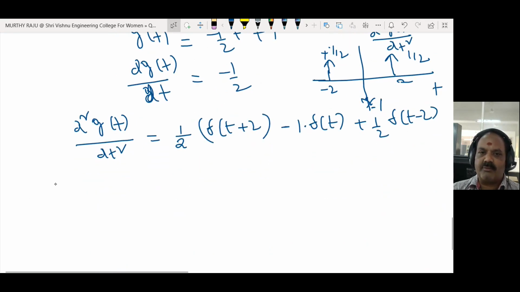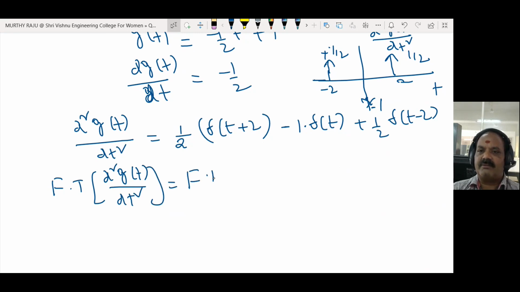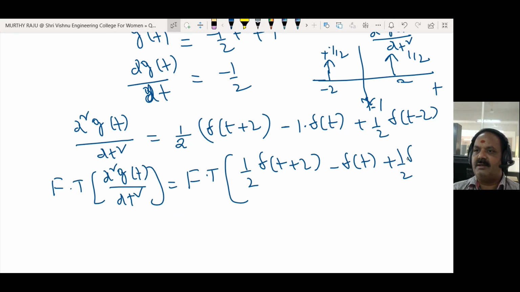Apply Fourier transform to d square g of t by dt square, that is, Fourier transform of the entire function: 1/2 delta of t plus 2, the left shifted impulse function, minus delta of t, plus the right shifted impulse function.